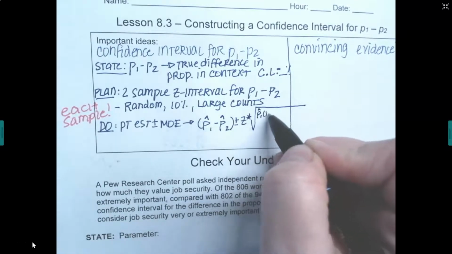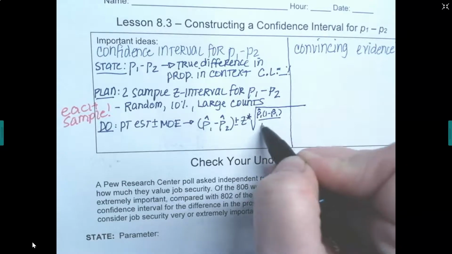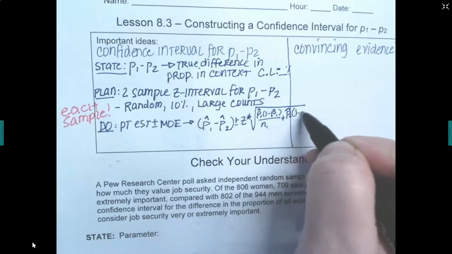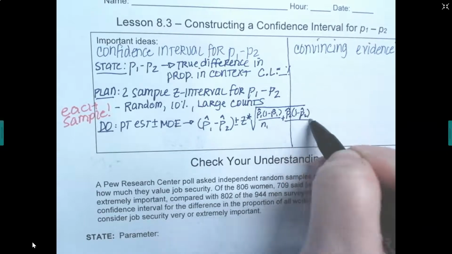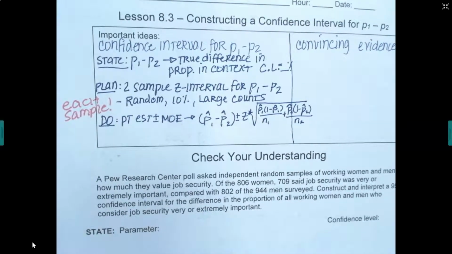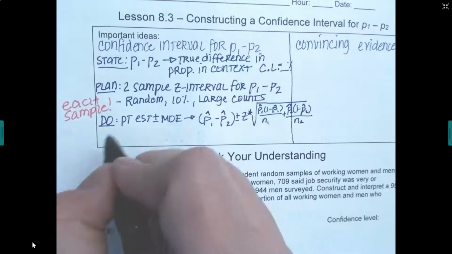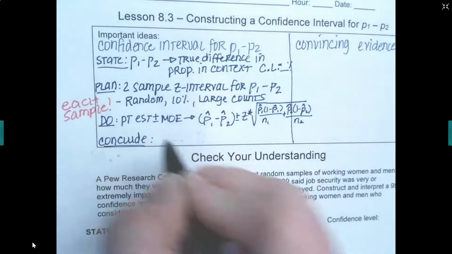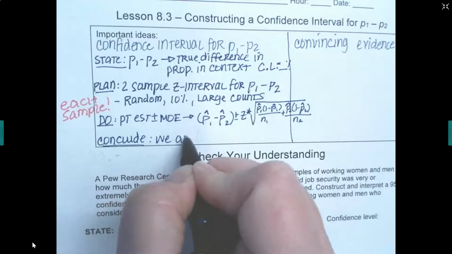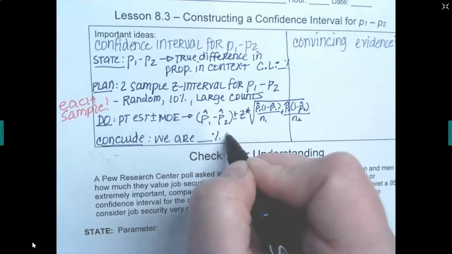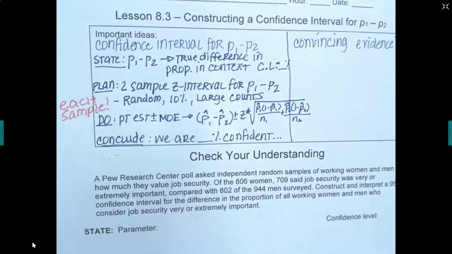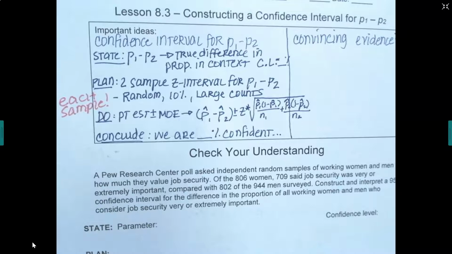The square root of p hat 1 times 1 minus p hat 1 divided by their sample size, plus p hat 2 times 1 minus p hat 2 divided by their sample size. And then lastly, we're going to conclude. And that's the we are whatever your percentage is confidence statement. Look to your problem to help you with your context there.